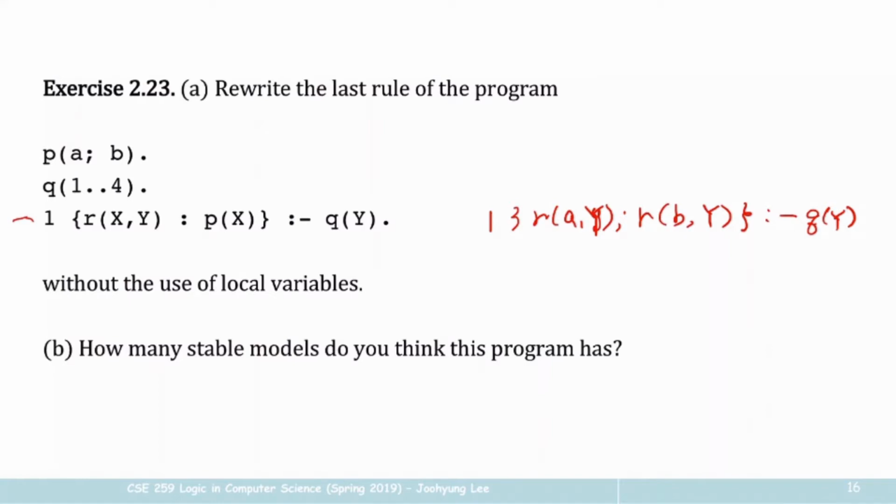What I did here is just to make this set larger, because X can range over A and B. So just write R of A comma Y and R of B comma Y, and then you don't have to use local variables. And how many stable models will be there? Well, this is what you have to figure out. So I'm going to skip it because you can do this.